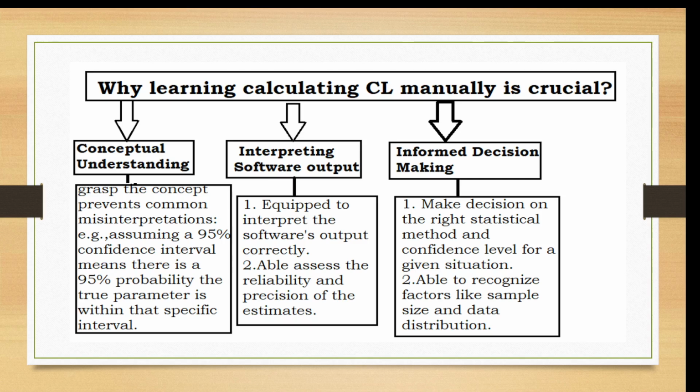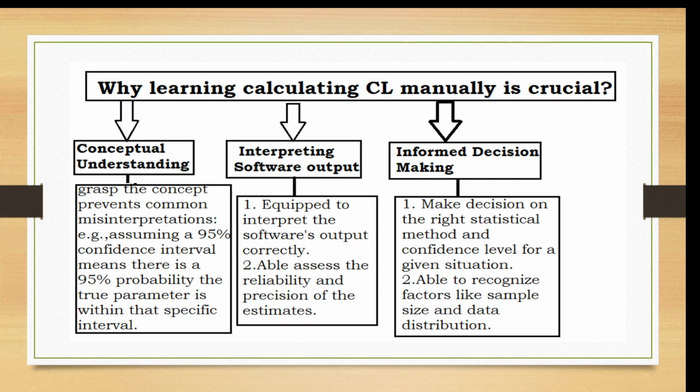For example, you may assume that a 95% confidence interval means there is a 95% probability that the true parameter is within that specific interval. No, this is wrong.